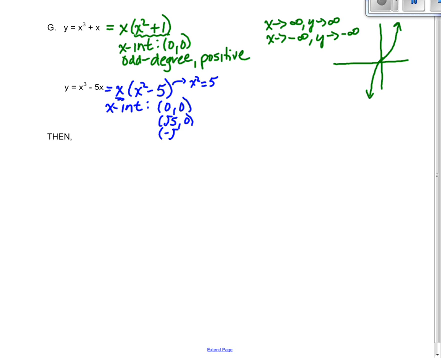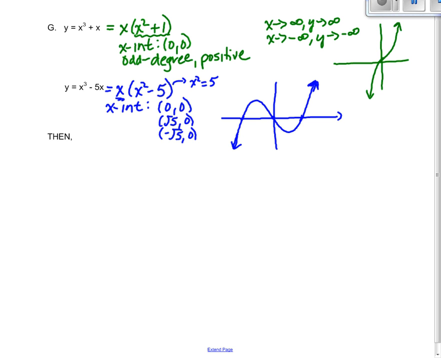And I would have another x-intercept at negative root 5. That's not the big idea right now. I just want to get you a drawing. I know because it is an odd positive that it is going to go upwards as we go to the right, down as we move to the left, and I have these three x-intercepts. So I have a function that looks like that.